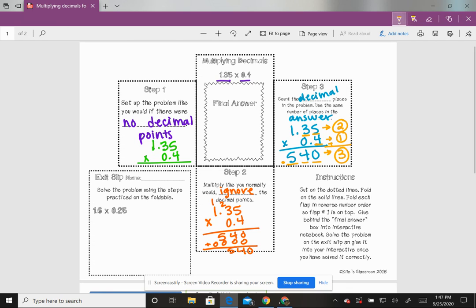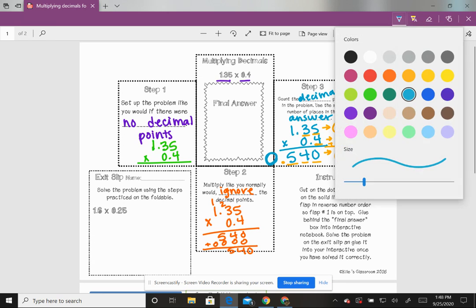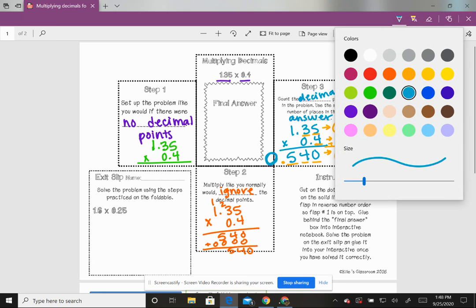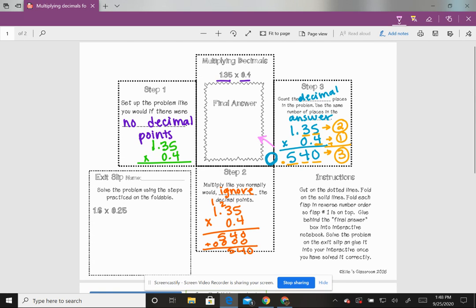If I'm being extra picky about my answer, I never want to leave the whole number place value empty. So I'm going to add a 0 in front of my decimal. Your final answer is then going to be written right in that middle box. 0 and 540 thousandths, or a better, more simple way to write it would be get rid of that 0 on the end and just make it 54 hundredths.